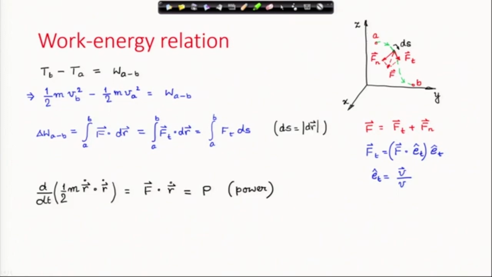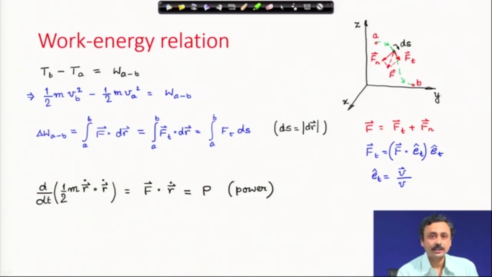Therefore, finally, what I have is the work done over the path is only produced by the tangential force, tangential to the path. The normal component of the force will not do any work.